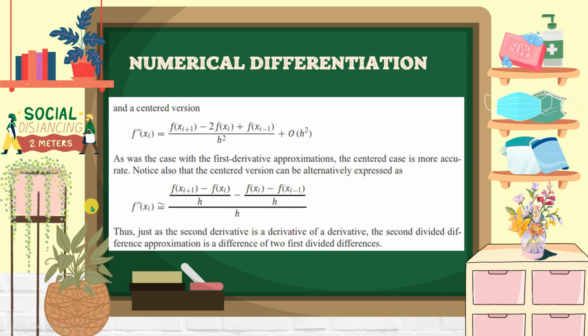So you will notice the second derivative is similar to the resulting second order finite divided difference applying Newton's divided difference interpolating polynomial. Thus, just as the second derivative is a derivative of a derivative, the second divided difference approximation is the difference of the two first divided differences. We will now return to the topic of numerical differentiation.